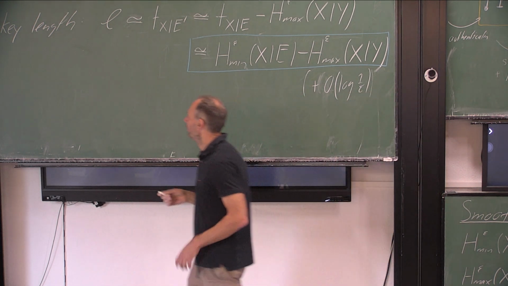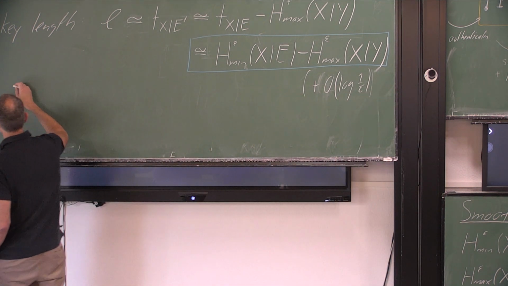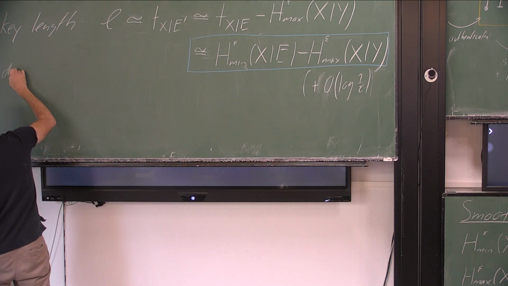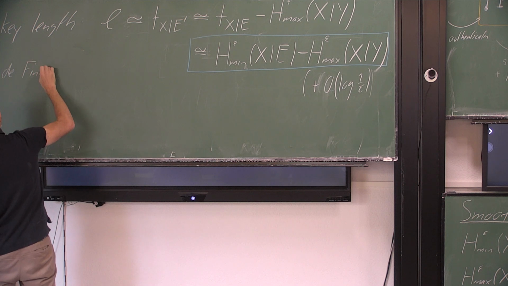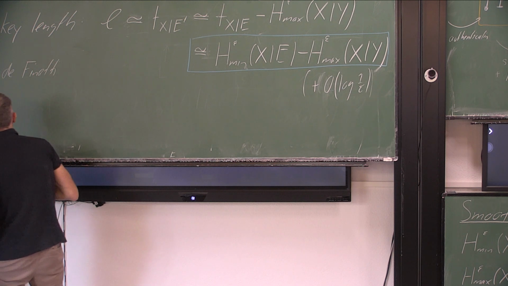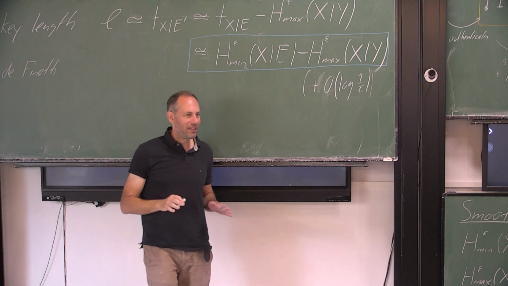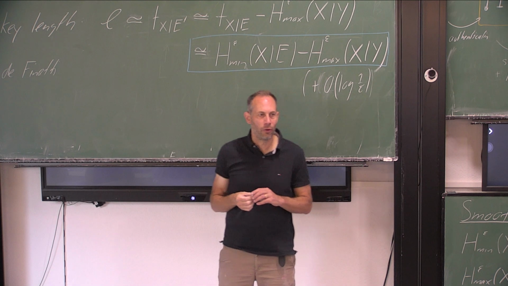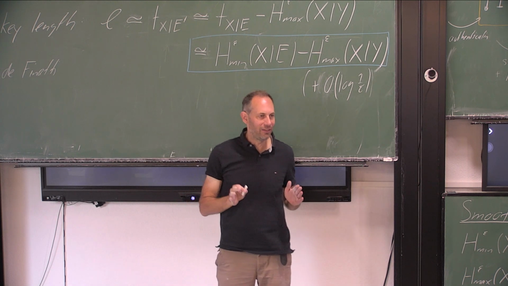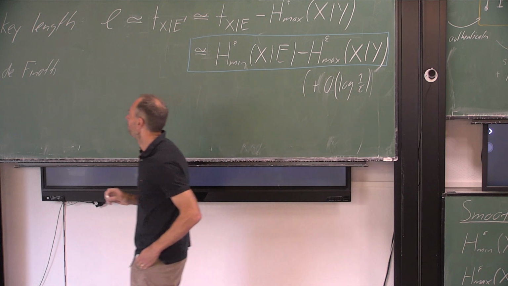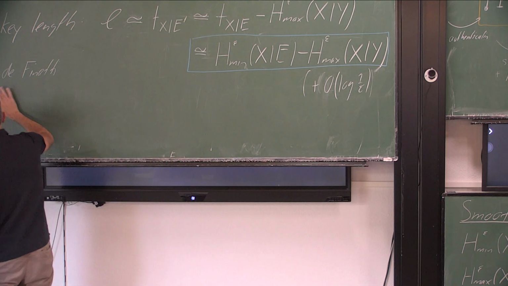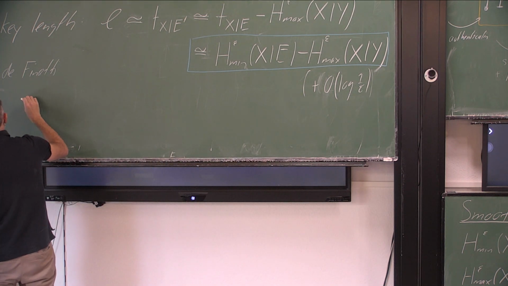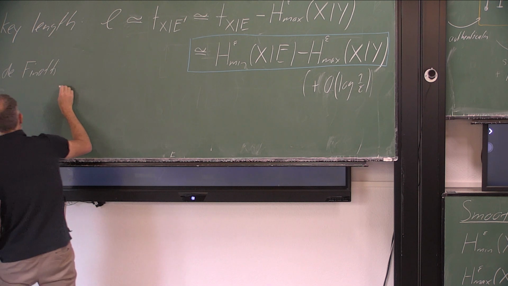The idea is to use a theorem due to de Finetti, and it's again a quantum version of that. De Finetti was a classical probability theorist who developed the theorem in the 30s of the last century, so it's an old theorem. But the quantum version is of course more recent, and I will immediately give you the quantum version.